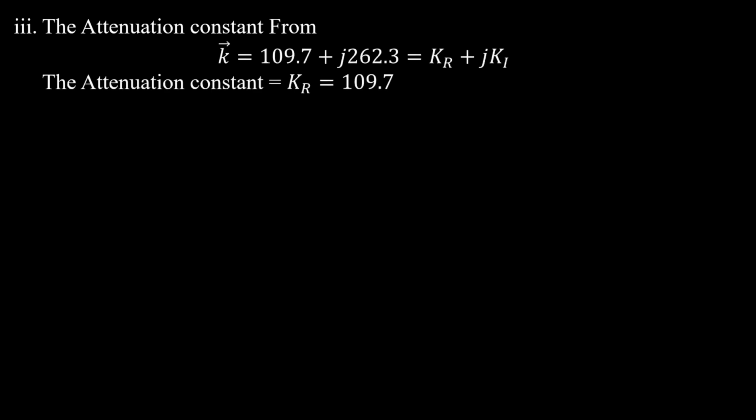Our attenuation constant can be gotten from our K value. So this part is always our attenuation constant. Don't forget, for a perfect conductor, a good conductor, K real will be equal to K imaginary. In this case, our K real is different from our K imaginary because this is not a perfect conductor.